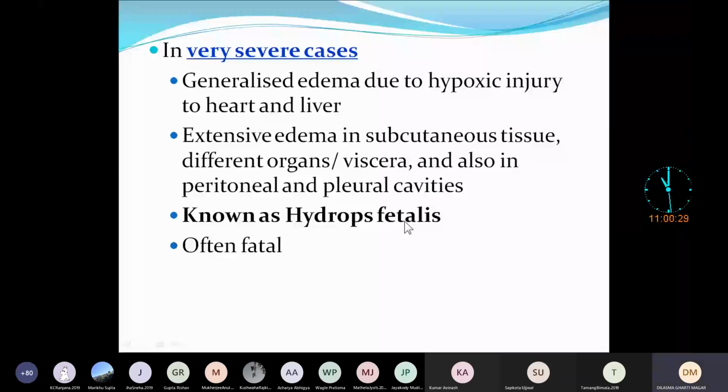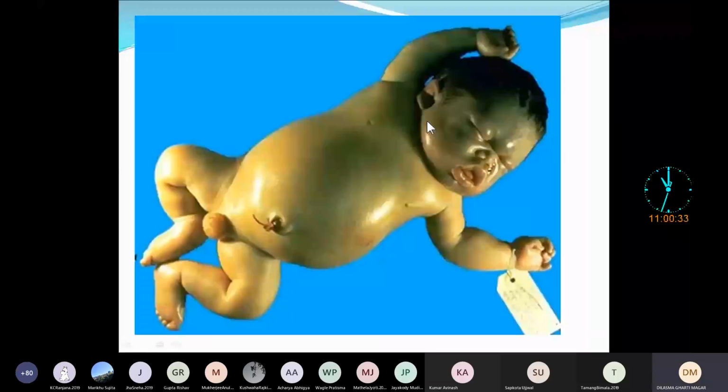Now you see here the baby. You can see the belly is distended, isn't it? It means there is much accumulation of water or fluid, in the hand too, and the face is also swollen. Now, can you make out this baby is yellowish in color?